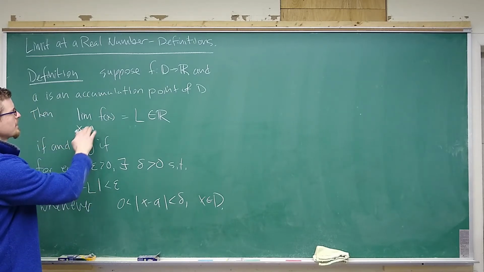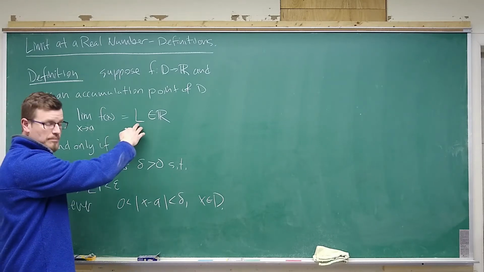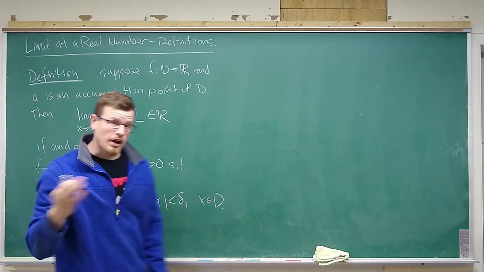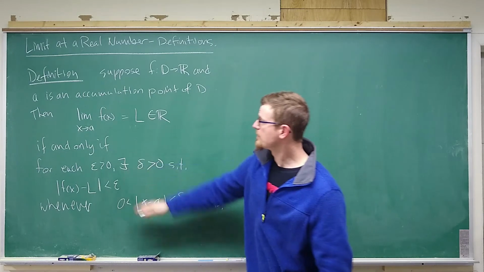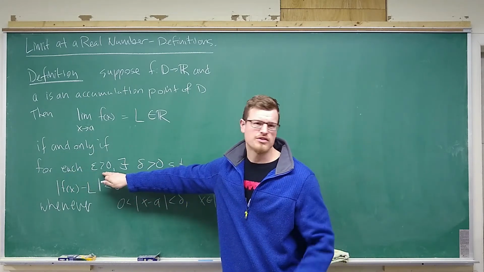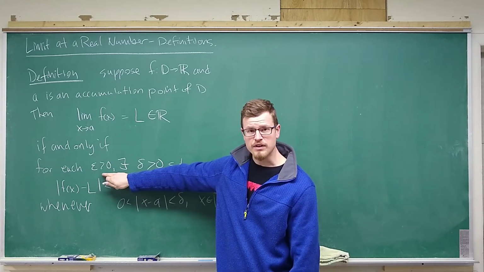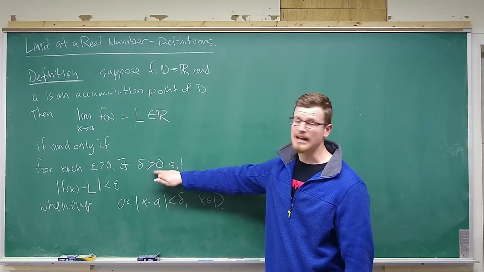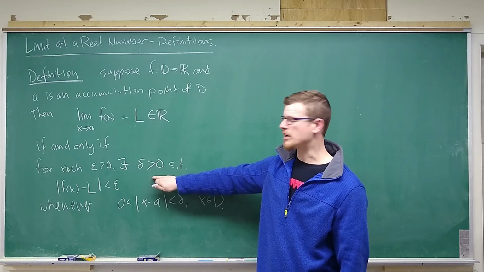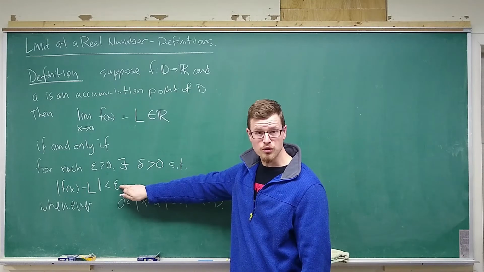So then the limit of f of x as x approaches A is some number L as long as we have this situation. Okay? So if we have for each epsilon greater than 0, so it's just some number greater than 0, for each one of those given, we can find some delta, some other number, such that we're arbitrarily close to L, right?